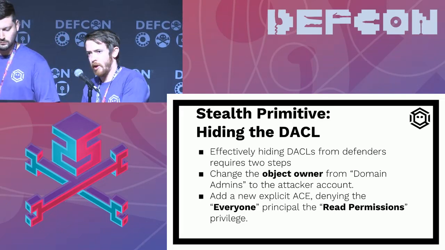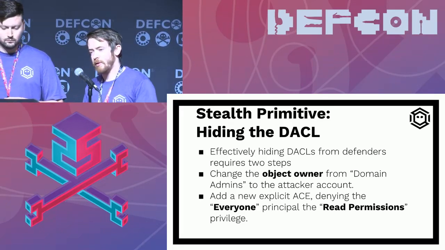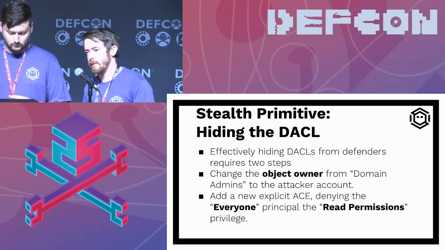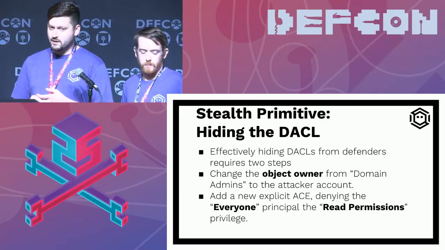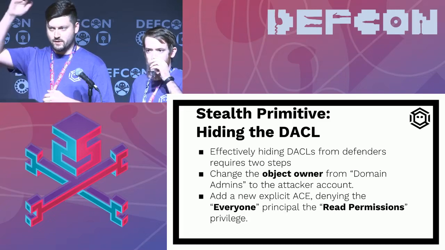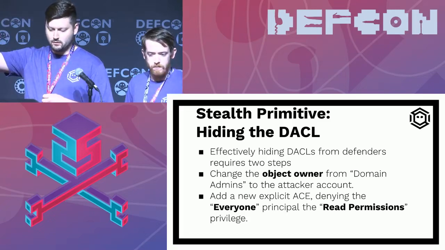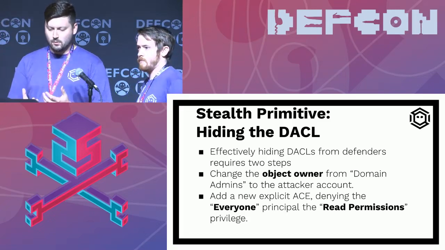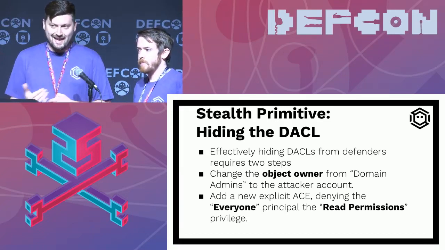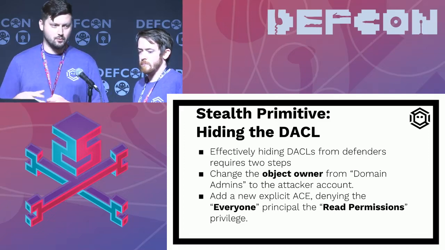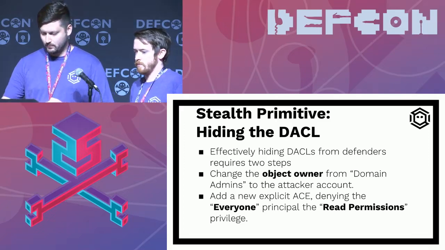And remember, that's because object owners have implicit full rights despite any explicit denies that might exist in the chain. Secondly, I will add a new explicit deny ACE, which, recall, will take precedence over anything else in the DACL. And I say the everyone principal is denied the read permission privilege. Then I can't audit the DACL from any other principal except for the one that's backdoored.